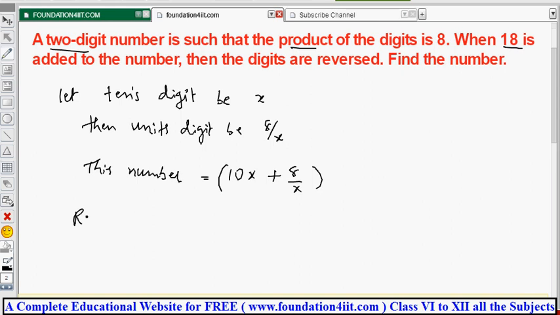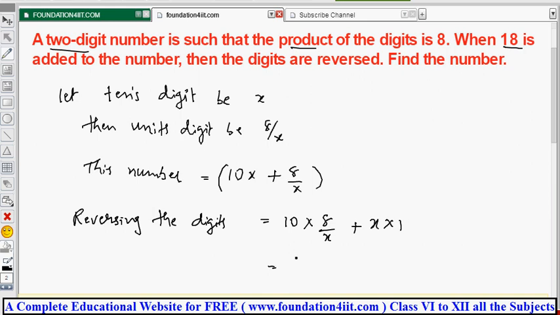Reversing the digits, that number is 10 into the units place, now reversed, that is 10 into 8 by x plus x into 1.